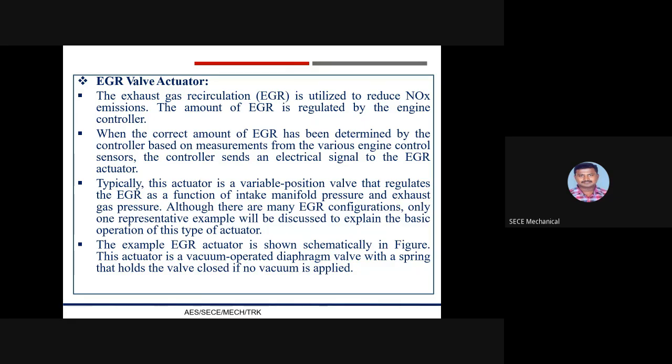Its purpose is to recirculate the exhaust gases that have exited the engine back into the intake manifold so that they can be reburned. And this dilutes the amount of oxygen coming into the engine by replacing some of it with inert gases. Which reduces the NOx levels and temperatures of the mixture.